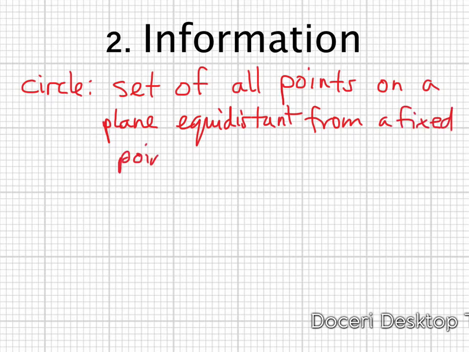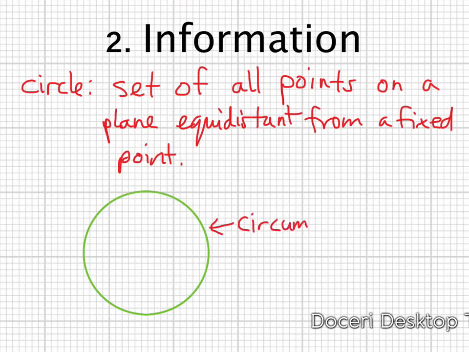So if you think about a circle, the edge of a circle is called the circumference. And this circumference contains all the points in the circle. And all of those points, as I said earlier, are equidistant from the center.